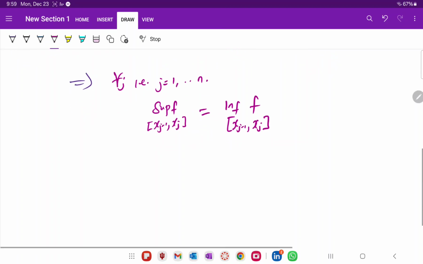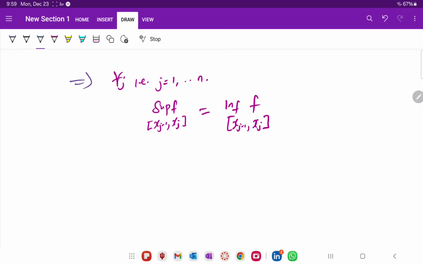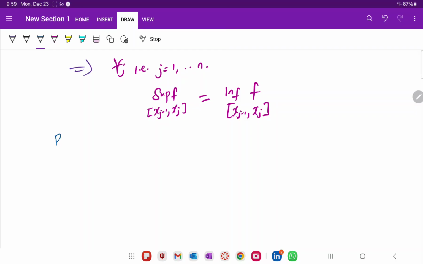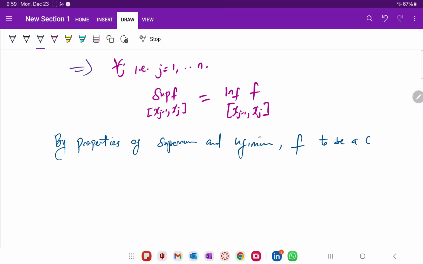So by the properties of supremum and infimum, we have our f to be a constant function.